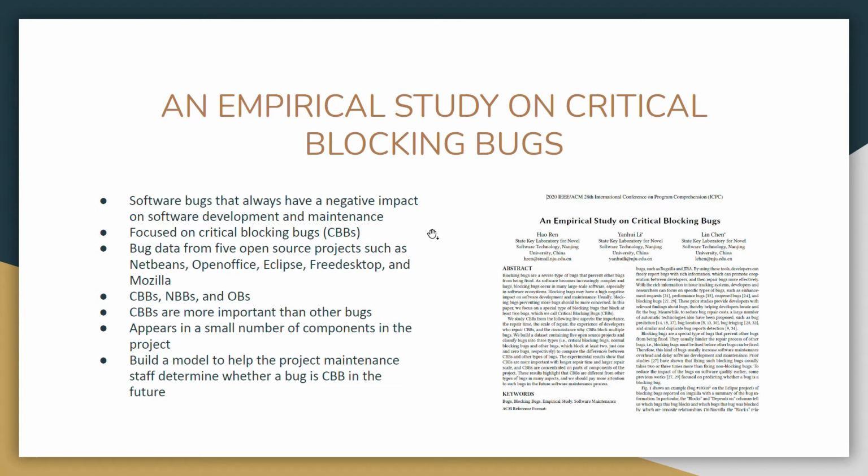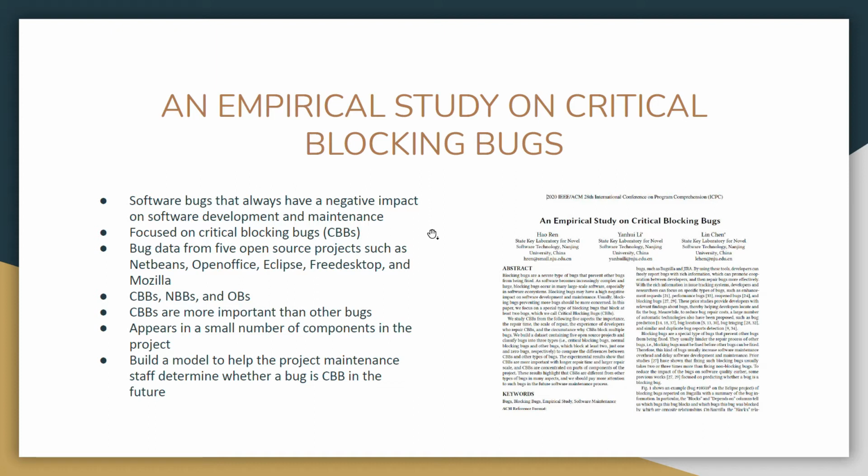Based on some researchers that have focused on critical blocking bugs, which is CBBs, they get bug data from 5 open source projects such as NetBeans, OpenOffice, Eclipse, Free Desktop, and Mozilla, including the activity information of the bugs and the commit information from their Git system.